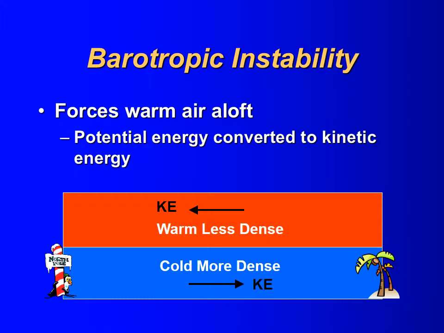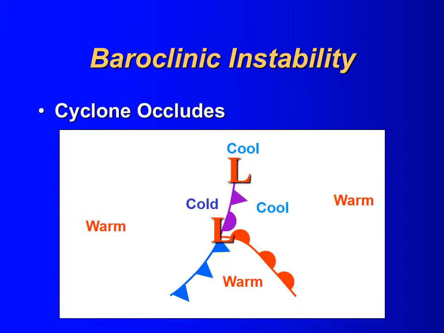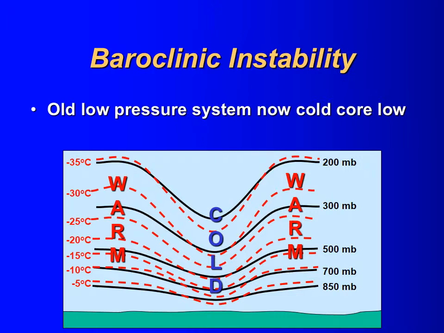It doesn't have any more potential energy to tap to make it go. And this is what happens. It occludes. The cold air wraps around the low, and a new low develops to the south, where you still might have some temperature gradient. And it becomes an old weather system.